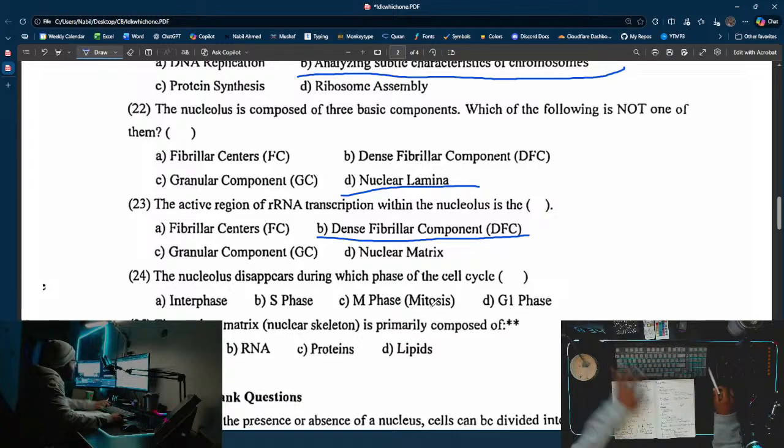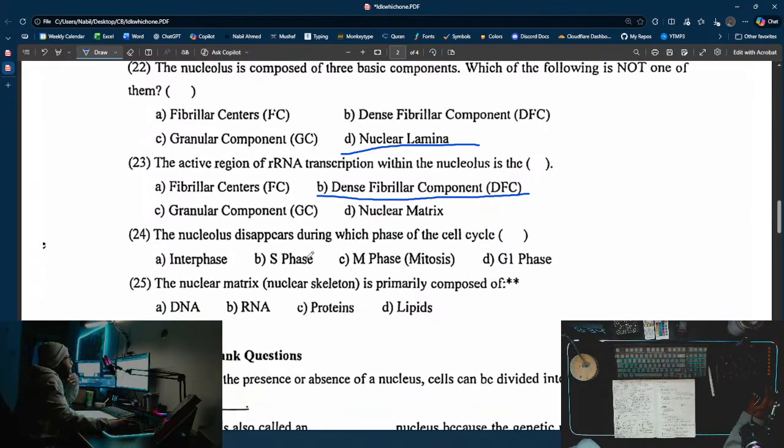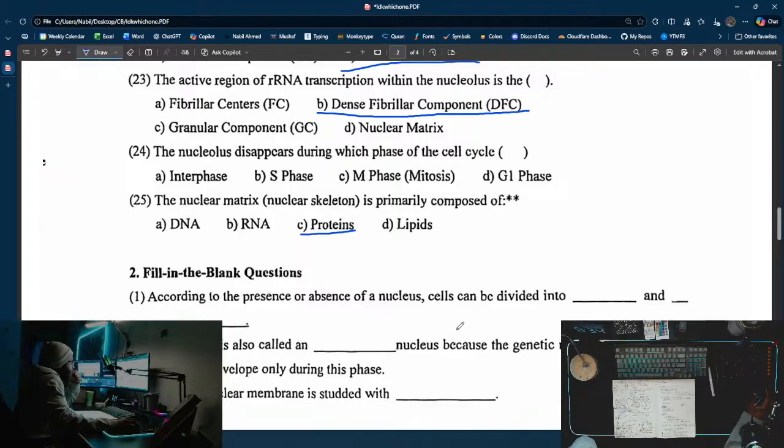The granular component, the nucleolus, disappears during the M phase. The nuclear matrix is mainly composed of proteins. According to the presence or absence of a nucleus, cells can be divided into prokaryotes and eukaryotes.